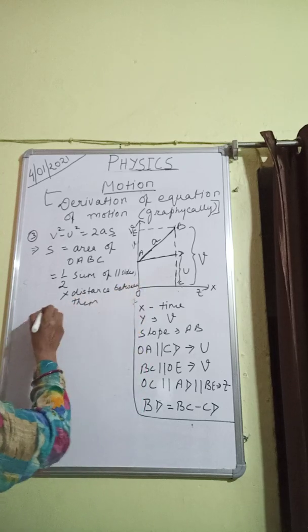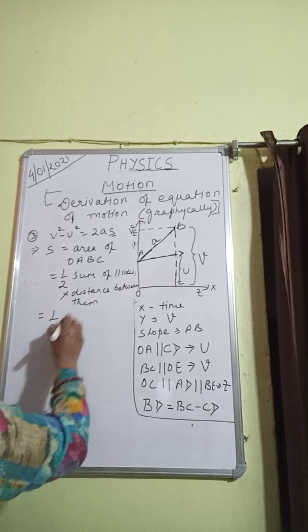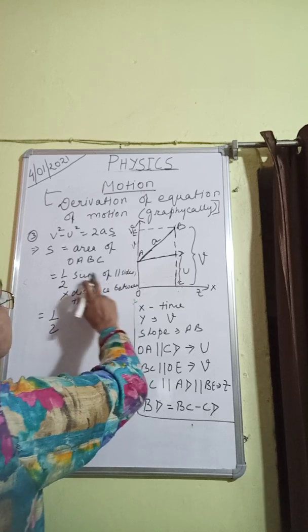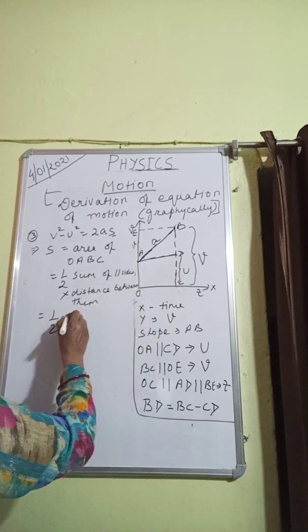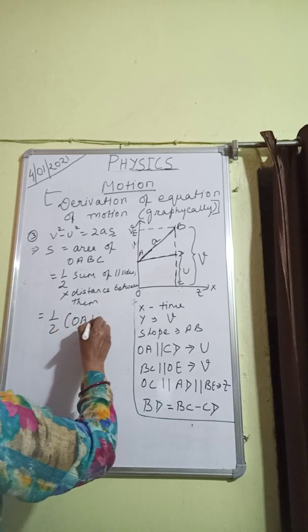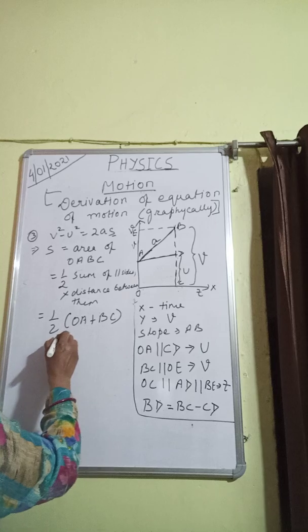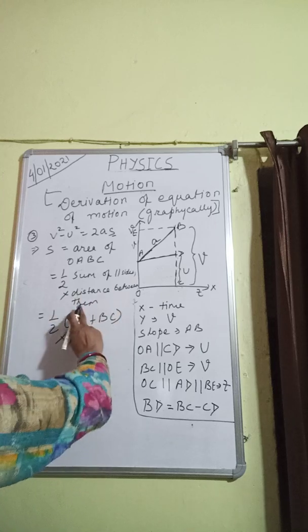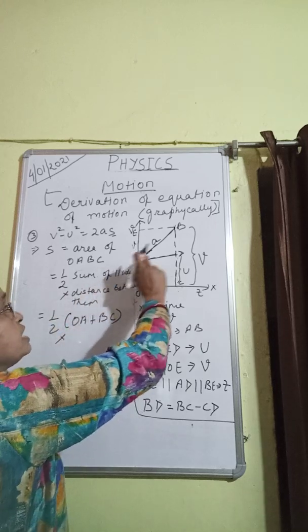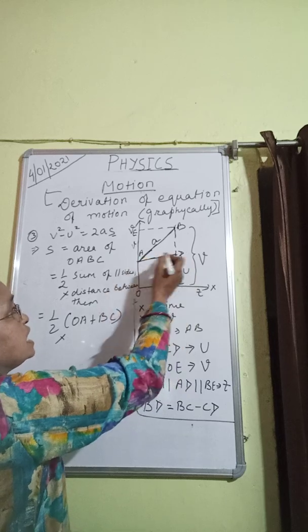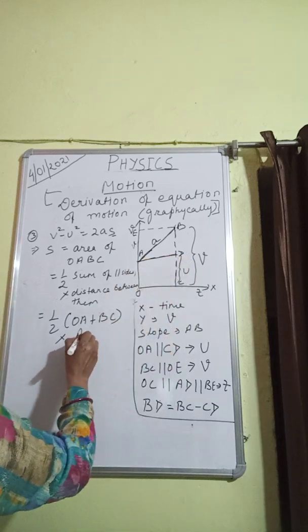So here half, and what is the sum of the parallel sides? The sum of the parallel sides is OA plus BC, into the distance between them, and that is nothing but AD.